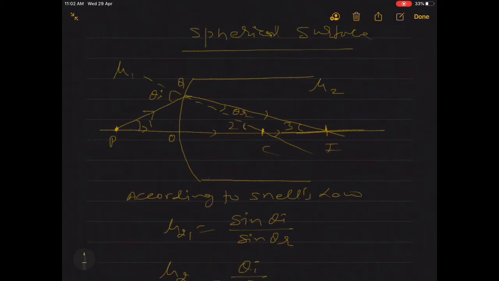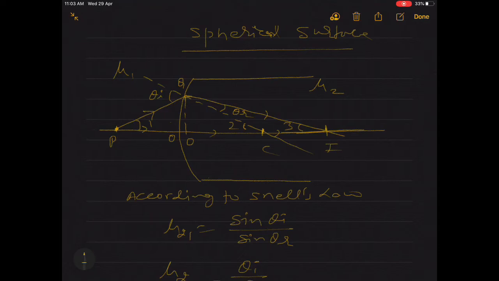Now if we use the geometry of this diagram, then we can have this location at this point O, so that we can have triangles POQ, COQ and IOQ. If we use the trigonometric ratios and the angle sum property here, then we can have the expressions for theta I and theta r. Our main aim is to find the expression for theta I and theta r.